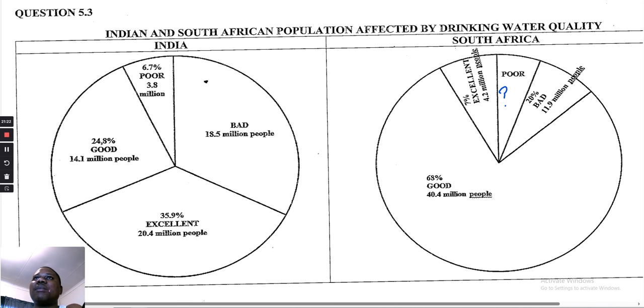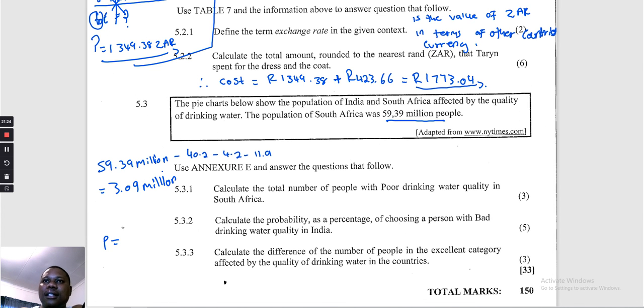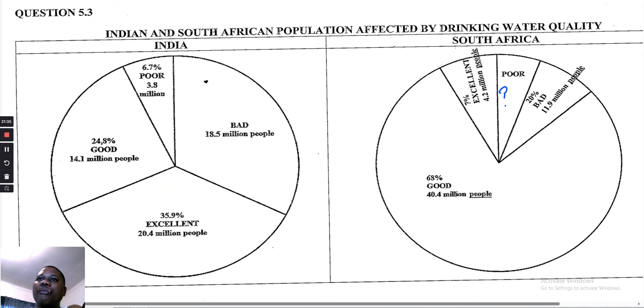It is 18.5. So we're going to say 18.5 over how many people have answered, all in all. So we have 20.4 million.